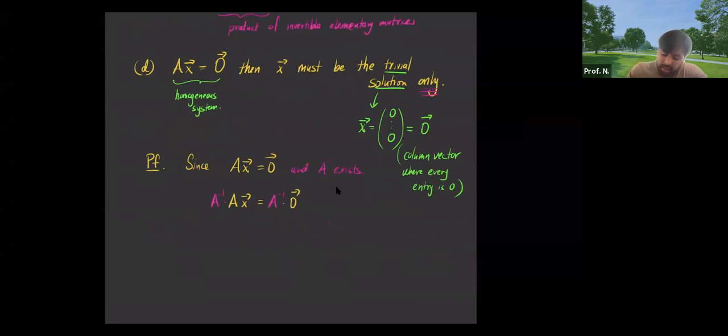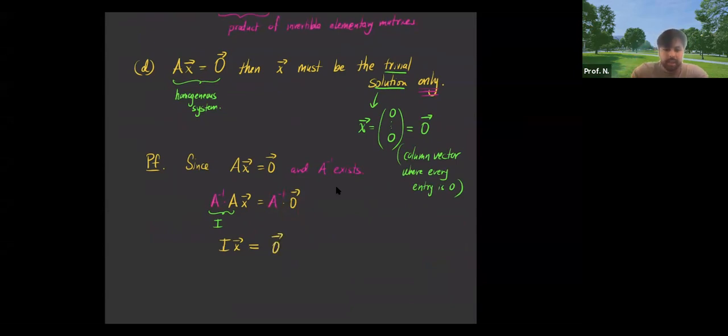And since it's the inverse, this becomes the identity. So the identity times the column vector x equals the inverse times the column vector 0. But if you have any matrix and you multiply it by a column of zeros, that whole product becomes 0 again. So it becomes wiped out.